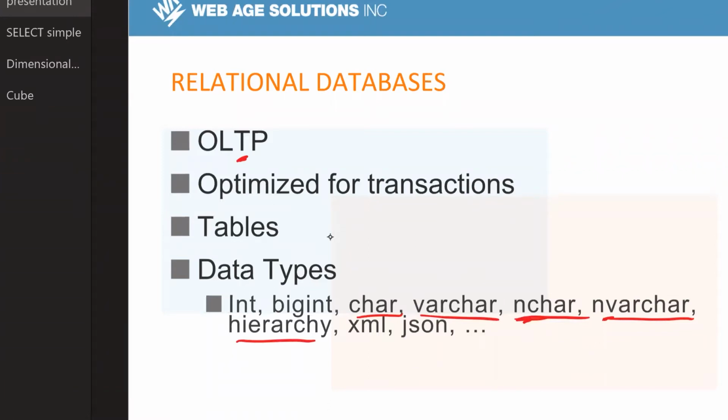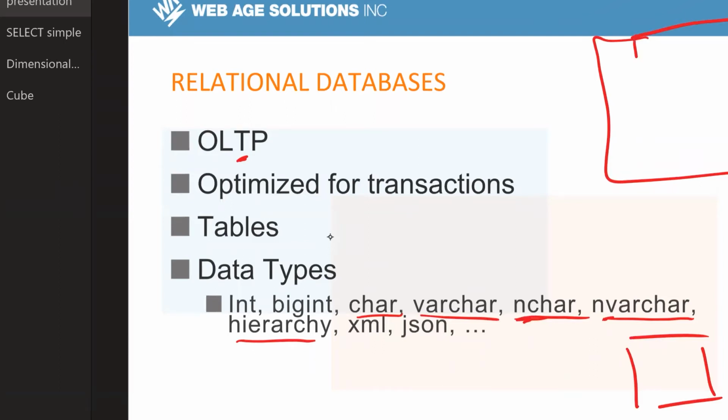We have hierarchy. Hierarchy allows us to create a single column that can store multiple things, such as the level. So say you want to have a product category sort of table, and each category will belong to a certain subcategory, and that subcategory can belong to yet another subcategory.